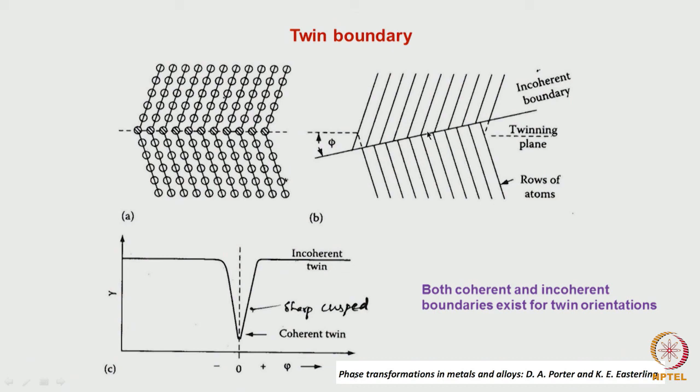That is what is being shown here also: the boundary energy, if we plot it as a function of misorientation, on either side with a small misorientation the energy goes up, and here a sharp decrease is there.